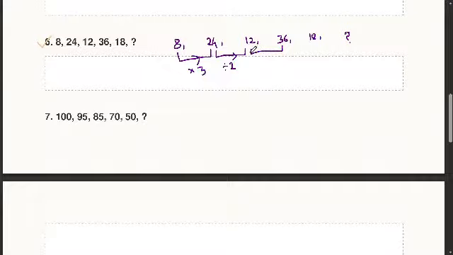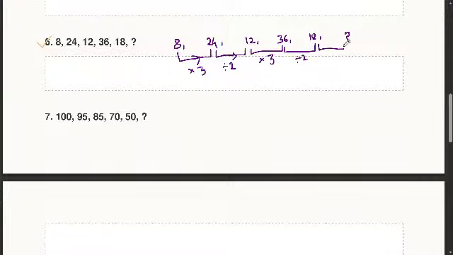The rule is something like this: multiplied by 3 and divided by 2. Multiplied by 3, that is 12 times 3, that is 36, and it will be divided by 2. 36 is divided by 2, that is 18.